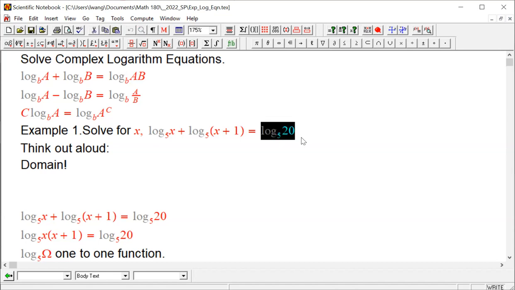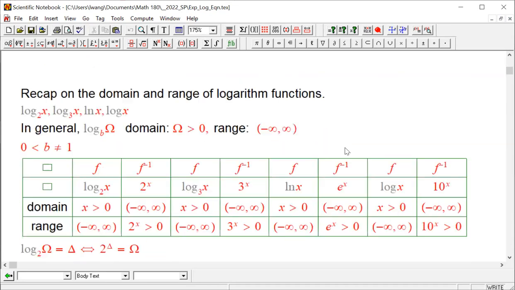And this one, of course, is meaningful. 20 is larger than 0, right? The fundamental reason is that the domain for a logarithm requires that whatever the function is applied to has to be positive, whether it's x or omega.